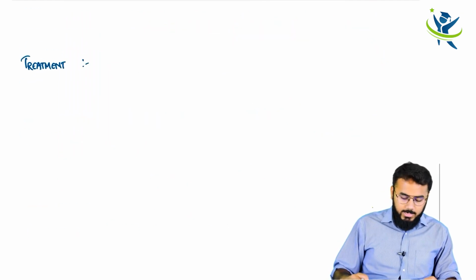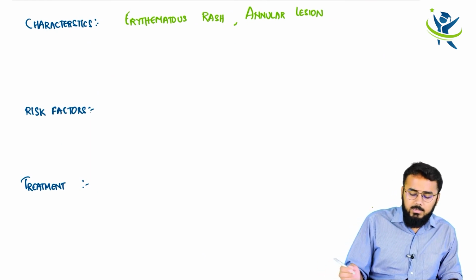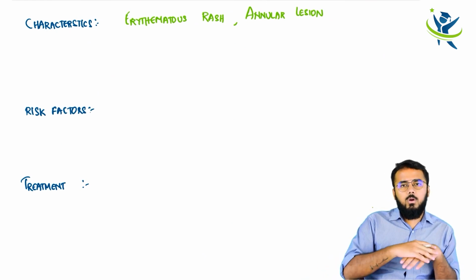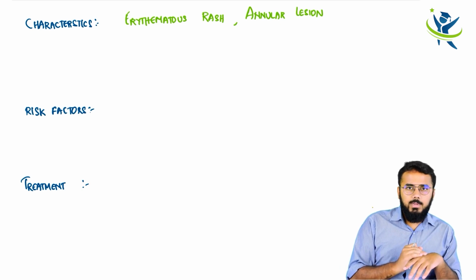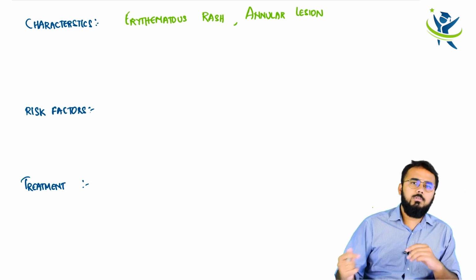Now when it comes to the risk factors, it is very simple. For example, if I have Tinea corporis and you are in contact with me, obviously you will also develop this.